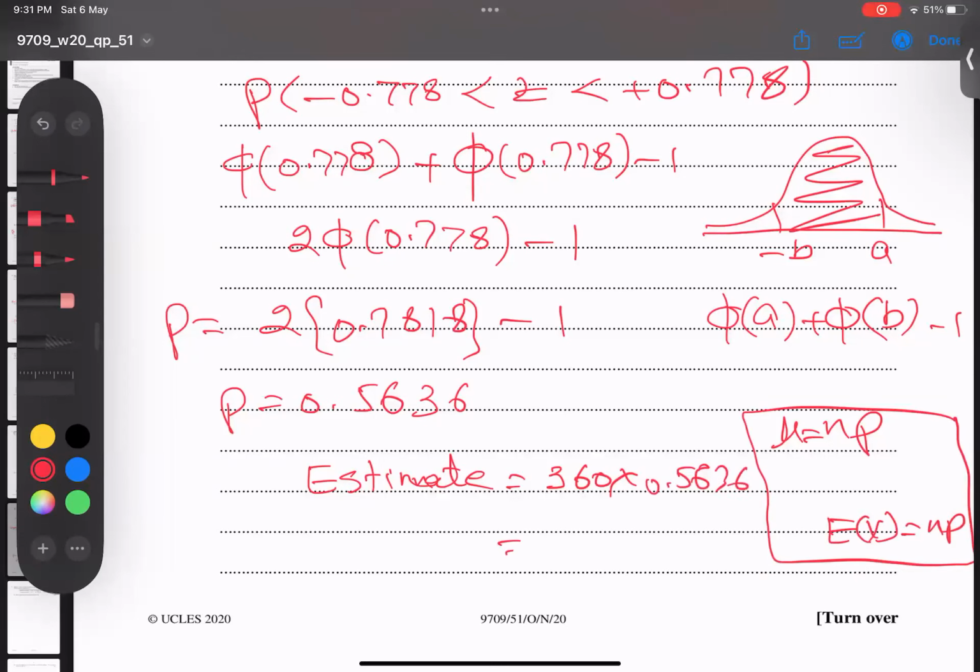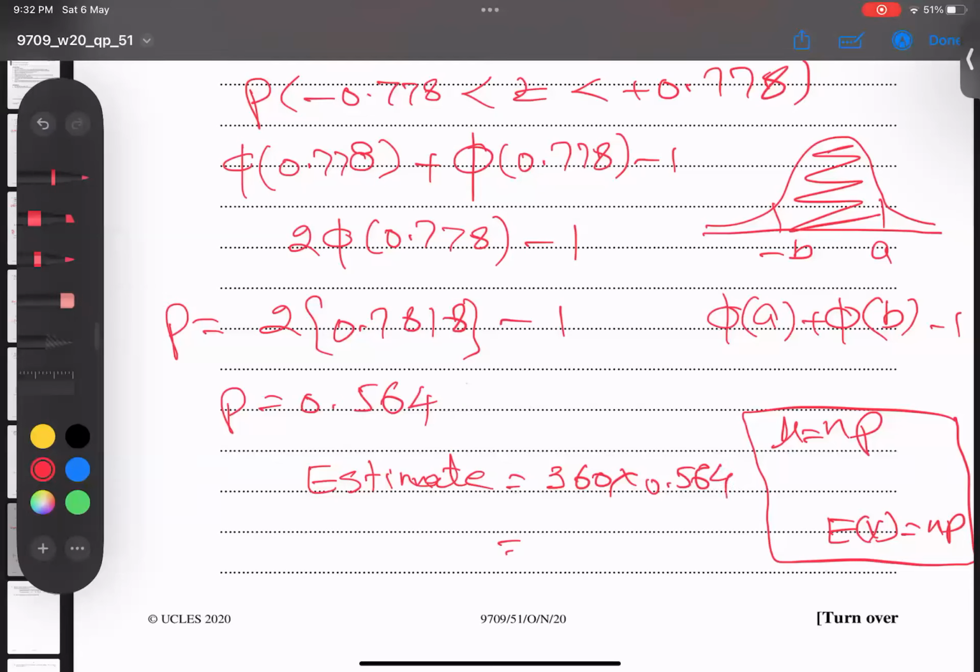So it means this 0.5636 times 360. So I get 203, and let me check 0.56. Okay, wait a minute. If I use 0.564 as the probability and multiply by 300, it is also correct, not wrong.